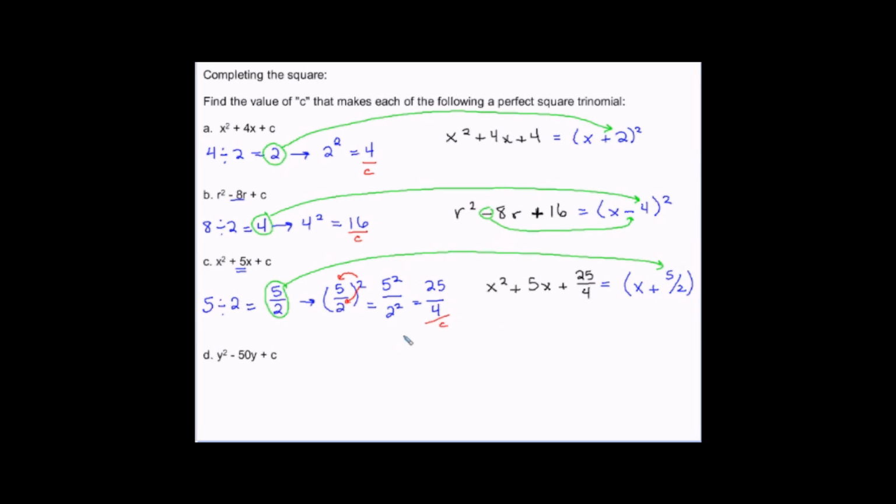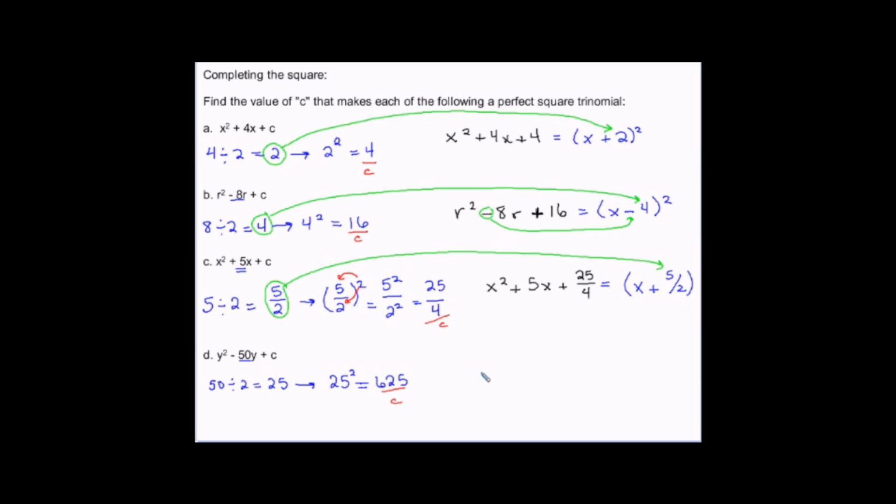Finally, 50. 50 divided by 2 gives me 25. 25 squared gives me 625. This is c.